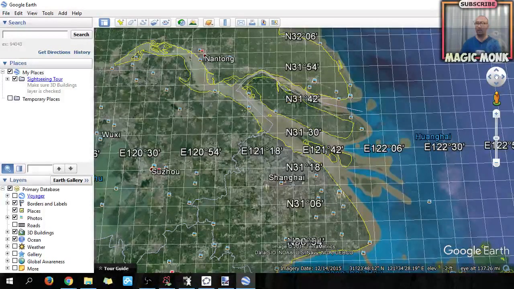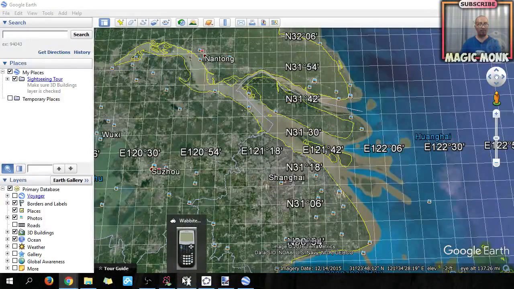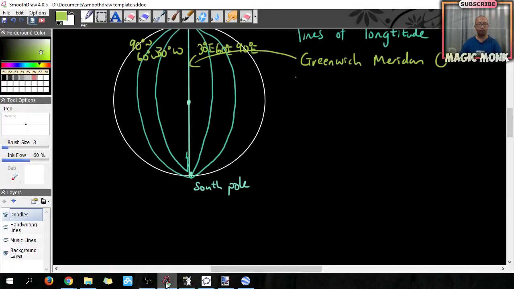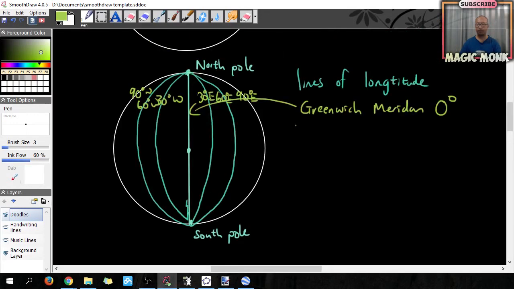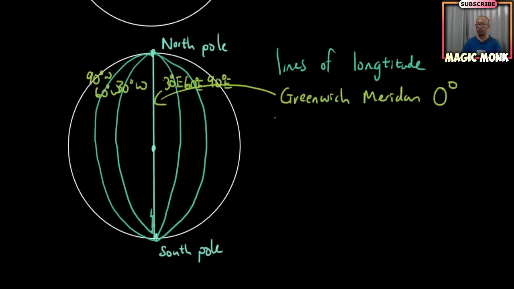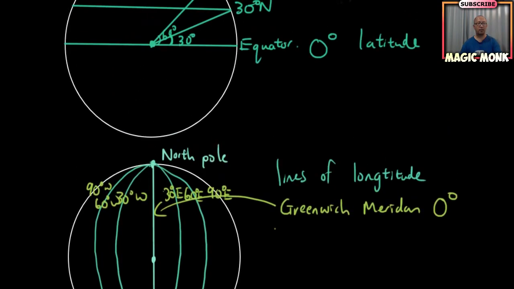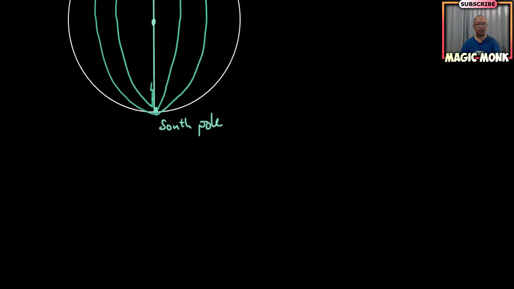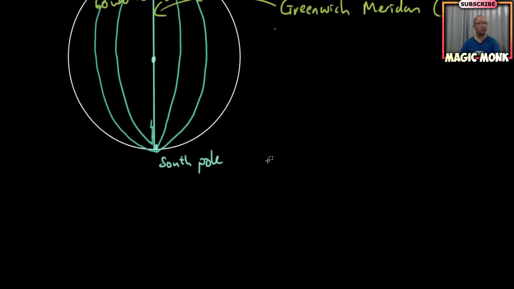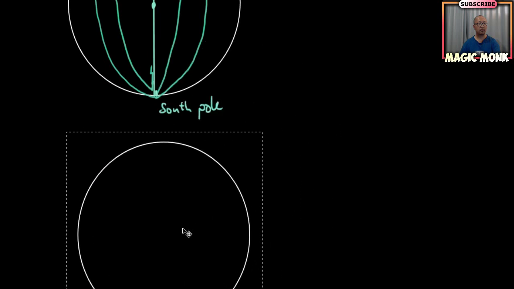If I drew that on my map, I would be going from the horizontal. So let's just paste that circle again.